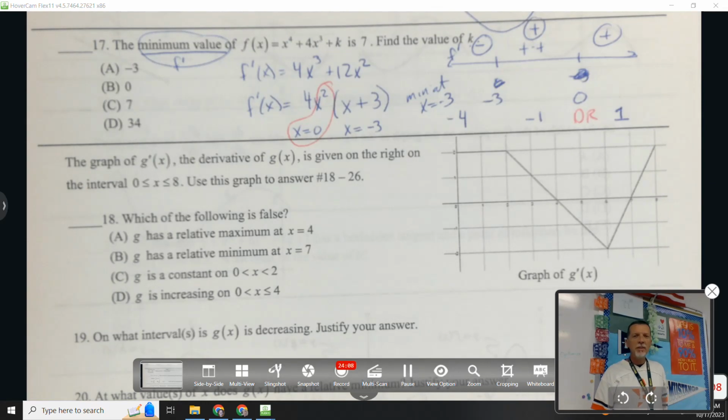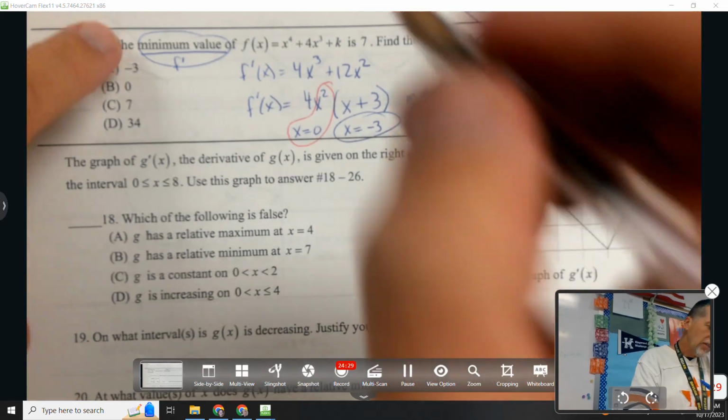And the minimum is 7. And we're finding k. So what do I do? The minimum occurs at -3, and the minimum is 7. So plug it in for x. I know it's happening at -3, so let's plug it in.